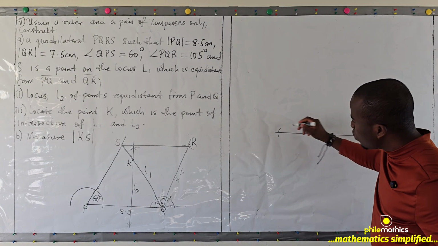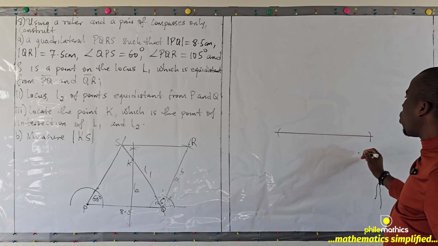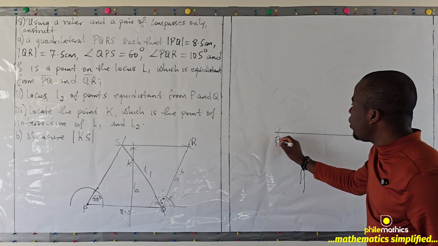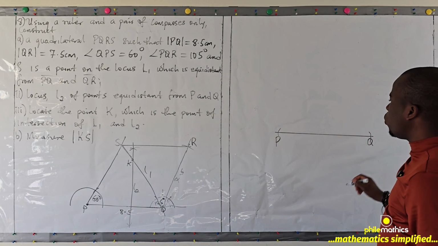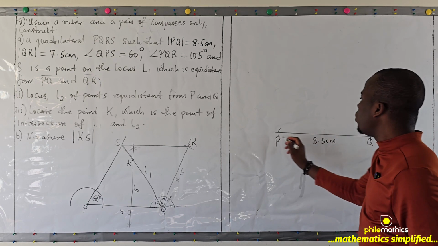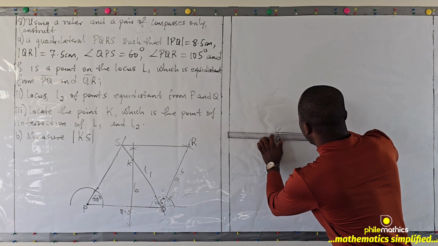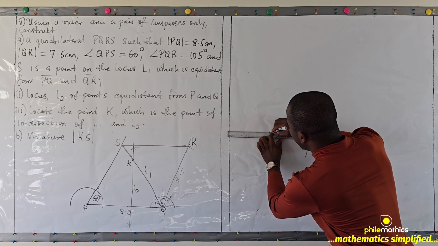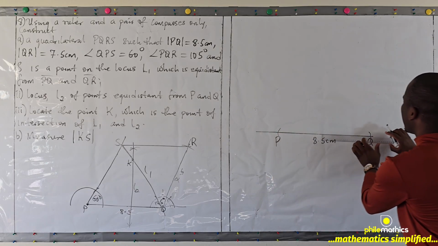You cut. So this is your P, and this is your Q. You label 8.5 cm. You could extend this just for you to draw your angles.